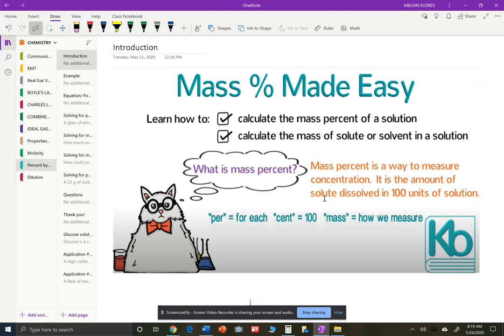Mass percent is one way of expressing the concentration of a solution. It is the amount of solute dissolved in 100 units of a solution. And remember that percent means 100.